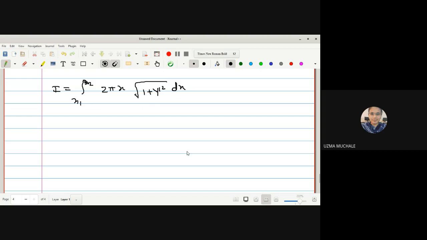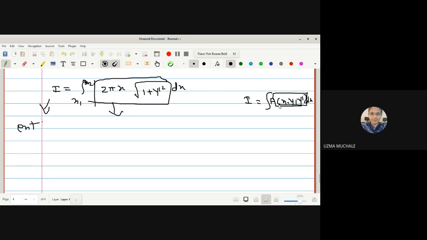Now for I to be extremum, right? For I to be maximum or minimum, for I to be extremum, the integrand f must satisfy the Euler-Lagrange equation. For I to be extremum, the function of x, y, y dash, leaving aside dx, whatever your f is, must satisfy the Euler-Lagrange equation.